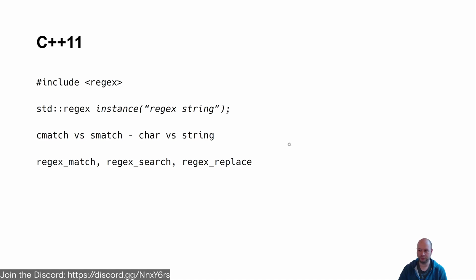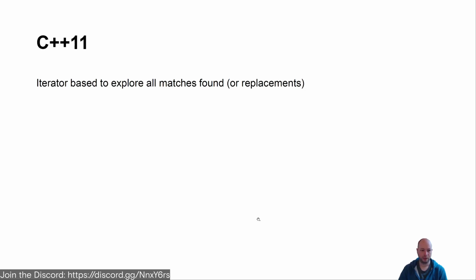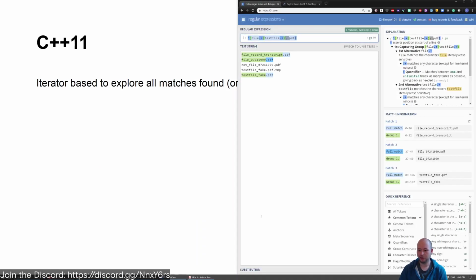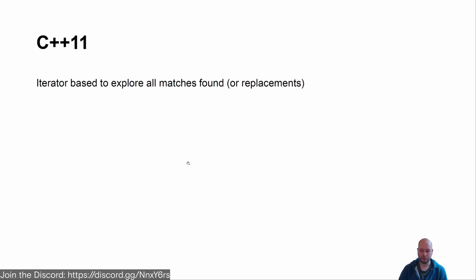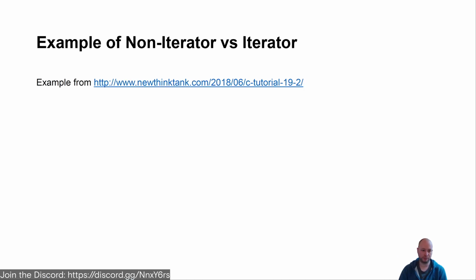This is a very useful thing to know how to do. You can also use an iterator approach to explore all matches found. In this case, we have 3 different matches against one corpus with a particular regex string. If you want to go through each one and handle each one separately, you would use the iterator approach in C++.